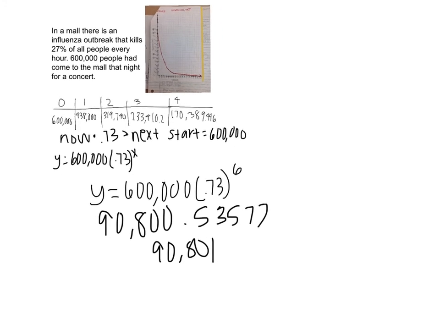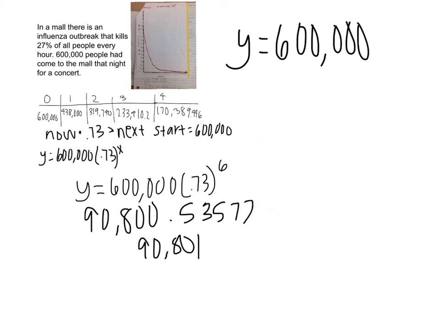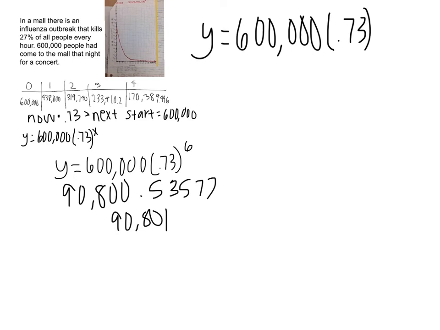So now what we need to find out is how many people there would be left in a day. So that would be y is equal to 600,000, the start value, times 0.73, the rate that it's going down, raised to the 24th power, x, so the number of hours.